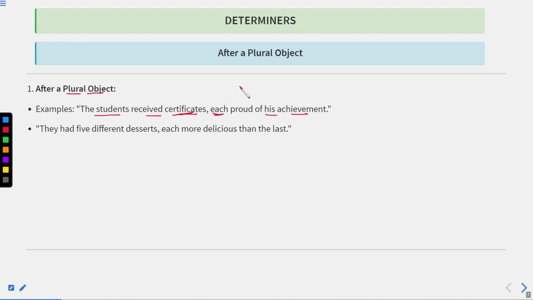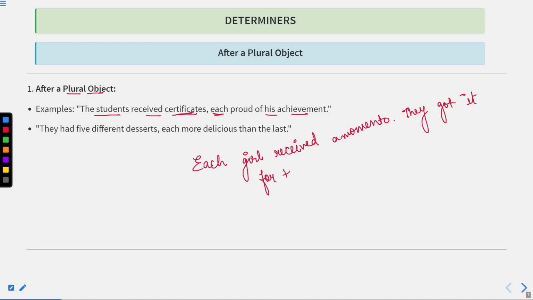However, if we have a sentence like this: each girl received a memento. They got it for their performance.